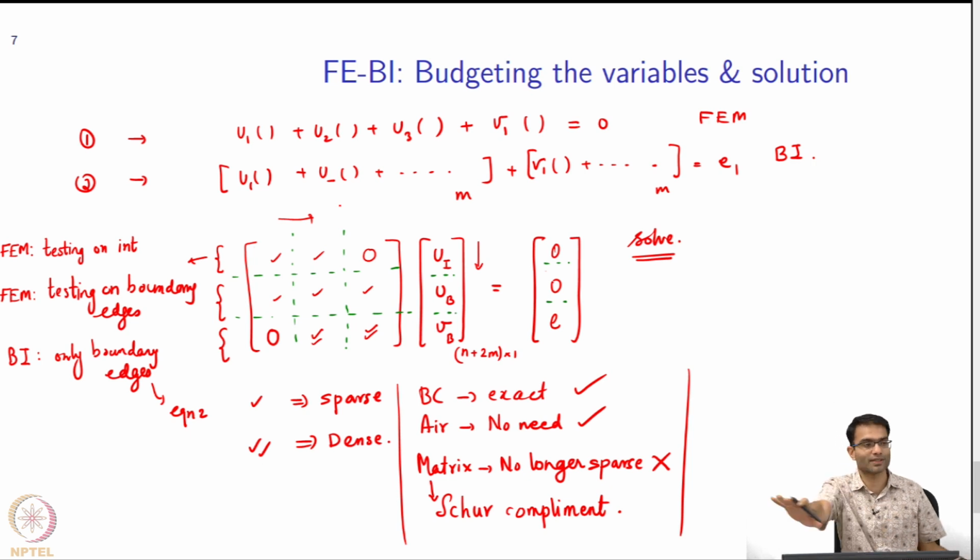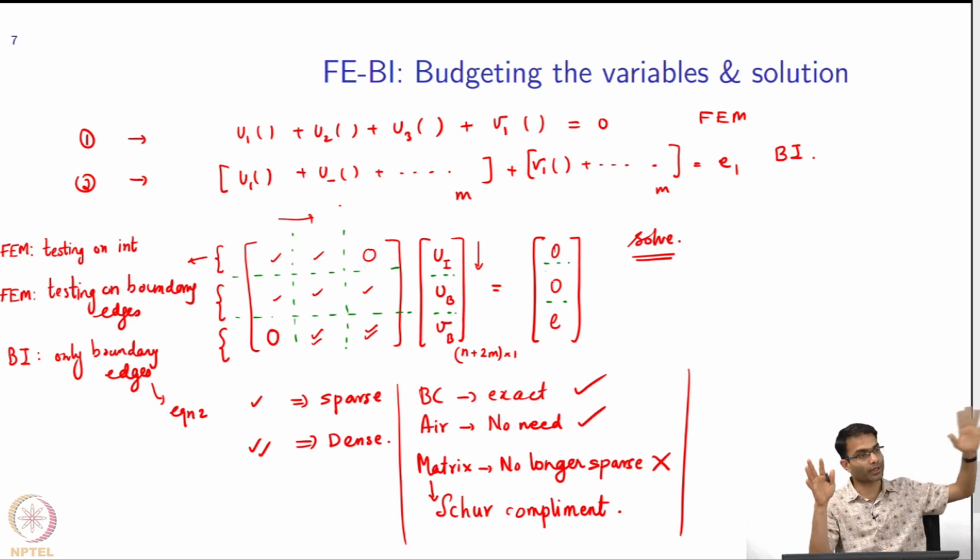If you just give this n plus 2m system of equations to MATLAB or any solver of your choice, it's a bad idea because you are not telling the solver to exploit the structure of the problem. In any linear algebra problem, if you can exploit the structure, you will get big wins. If you didn't tell it, it would treat this as a dense matrix of size n plus 2m, and do it the donkey's way of order n cube.